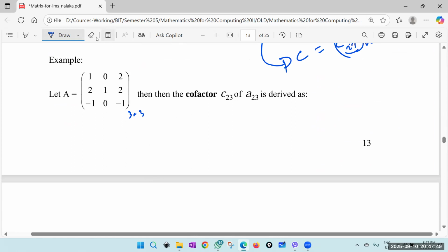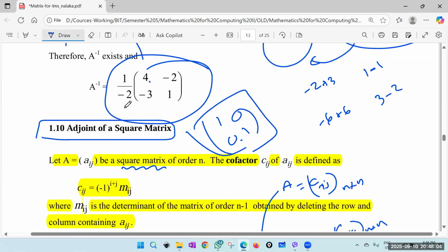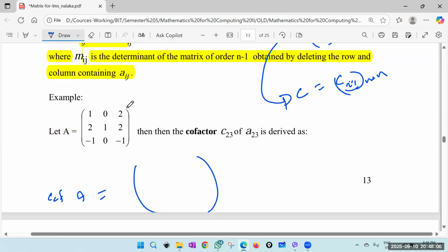Say I want the cofactor of the first element of A, which is again a 3 by 3 matrix. How to find this? You hide this column and row, because I am interested in this element, and find the determinant of the rest. But make sure you multiply by plus 1 or minus 1 depending on the i plus j value.